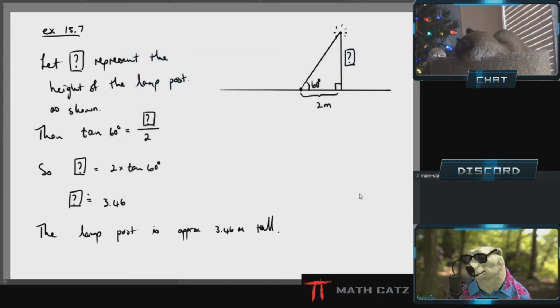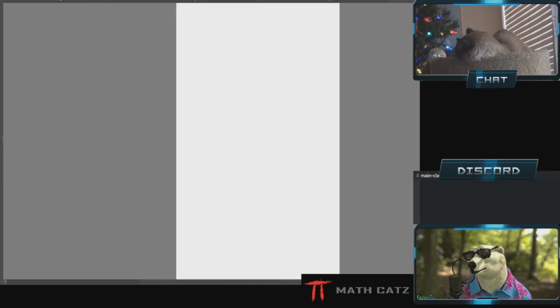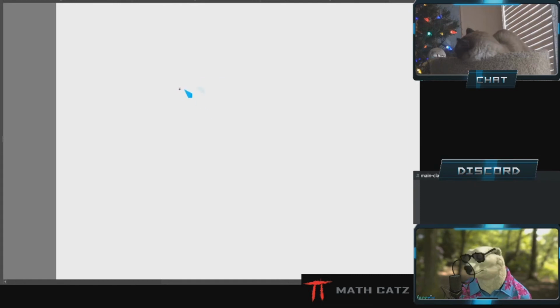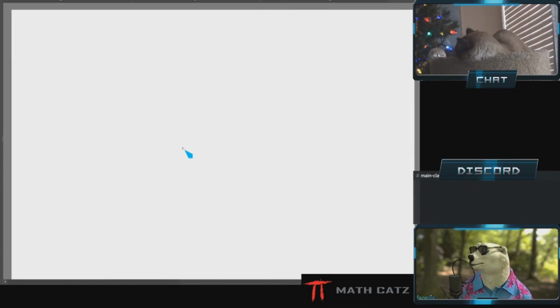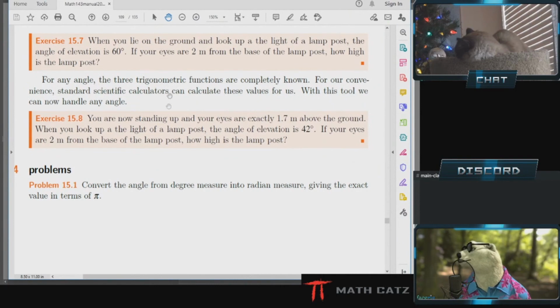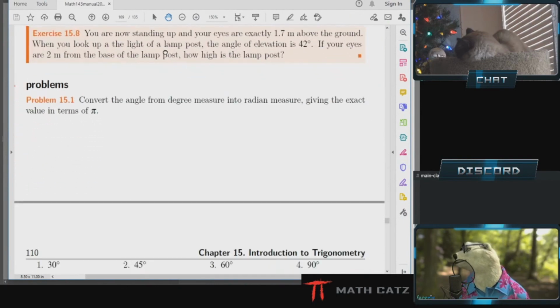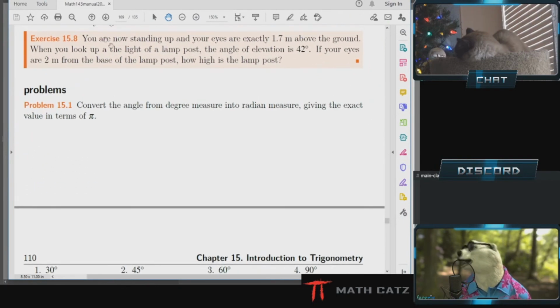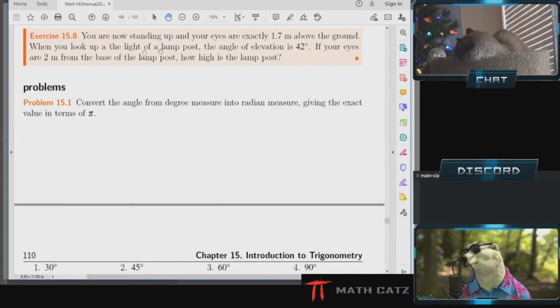Okay. Let us do one more, which I think is related to the previous one, but we'll have to read it. Exercise 15.8.